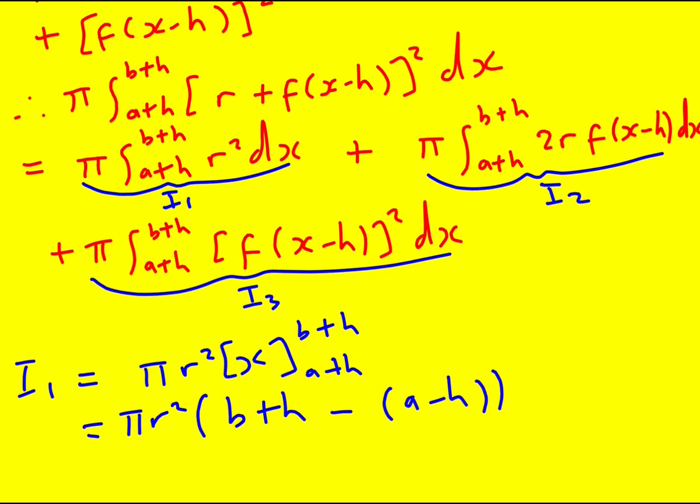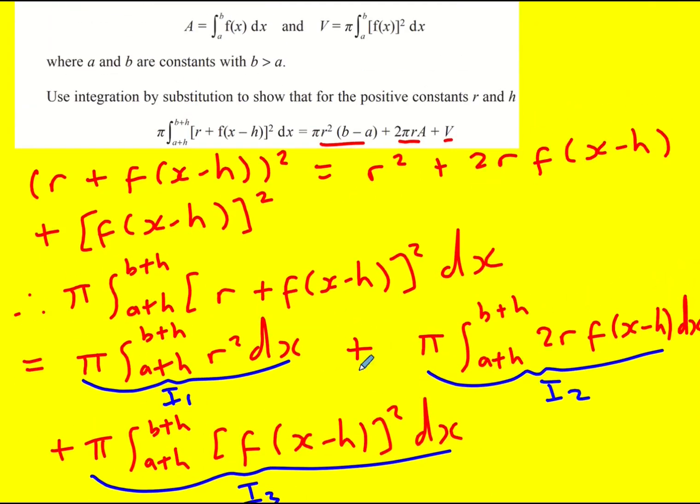Sorry, that should be a plus. Why did I change it? Which will leave me with pi r squared, b plus h minus a minus h. So I'll just get b minus a. And I can see I've managed to get this part here.